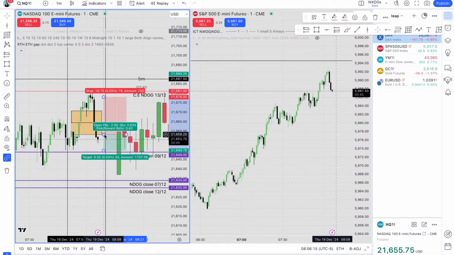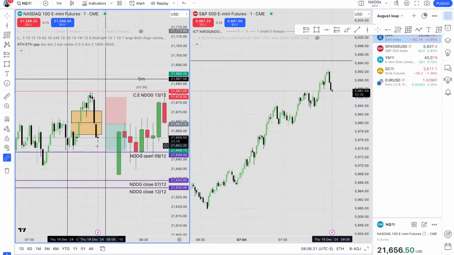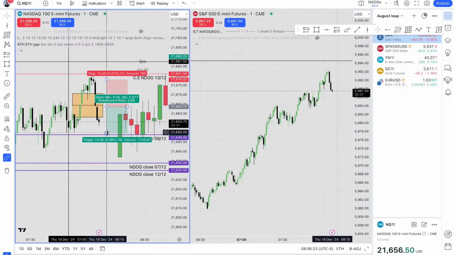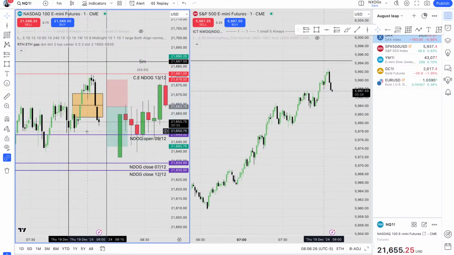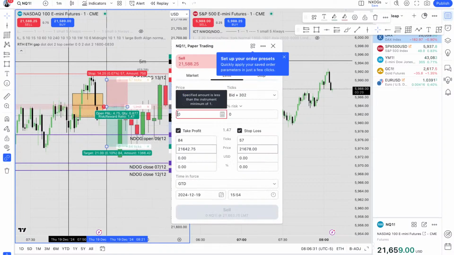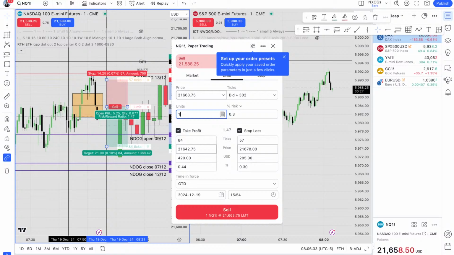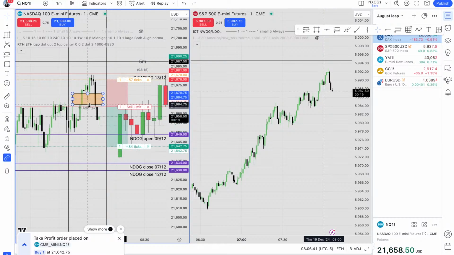So this is the first imbalance. I can put it here in the first imbalance, and I will target this. So there I have an imbalance and I have a balanced price range in the first fair value gap, this one here. This is a balanced price range.